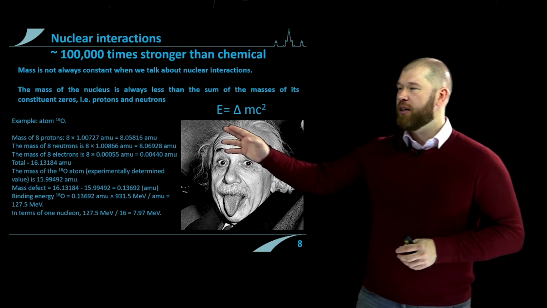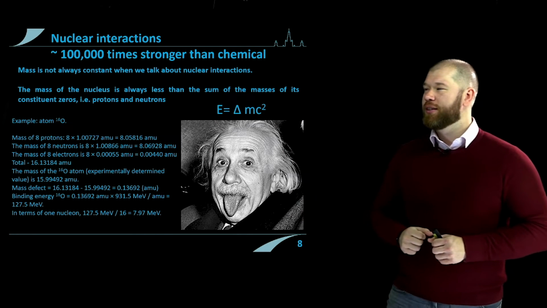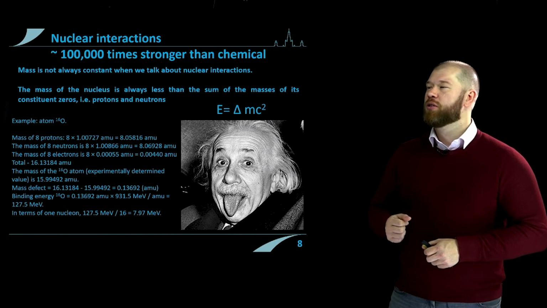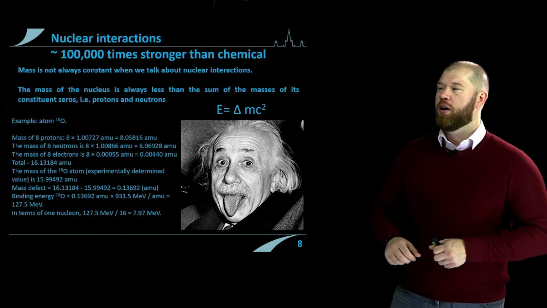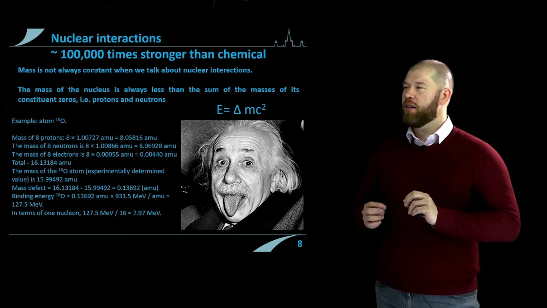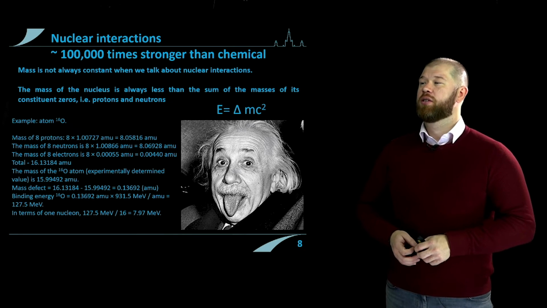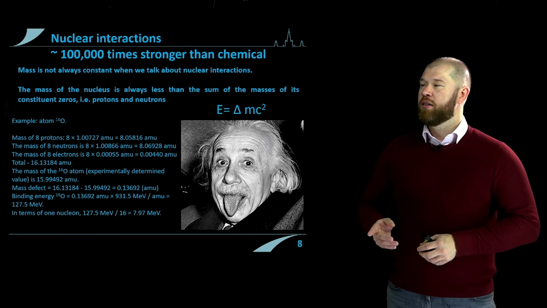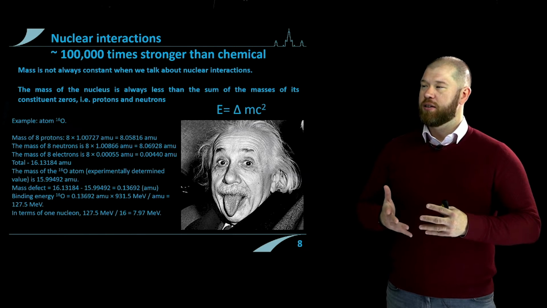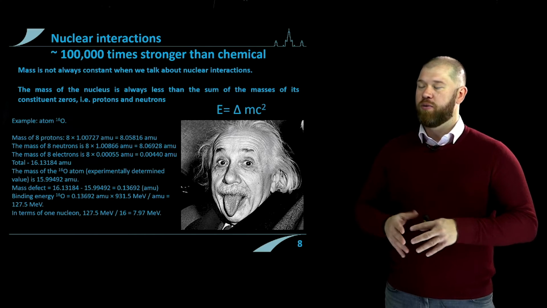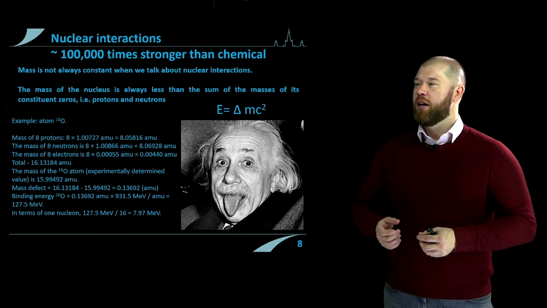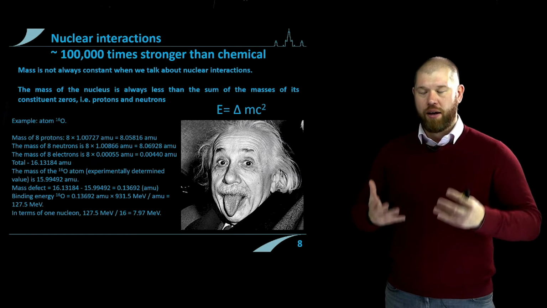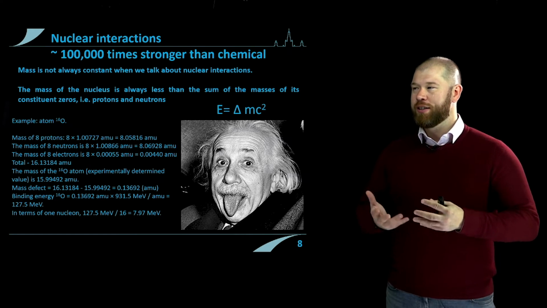And there is an example for oxygen-16. We can take the mass of 8 protons and the mass of 8 neutrons. We know this mass exactly, and the mass of electrons is also calculated, and we sum them, and then we obtain that this summed mass of separated particles is larger than the mass of the atom of oxygen-16.